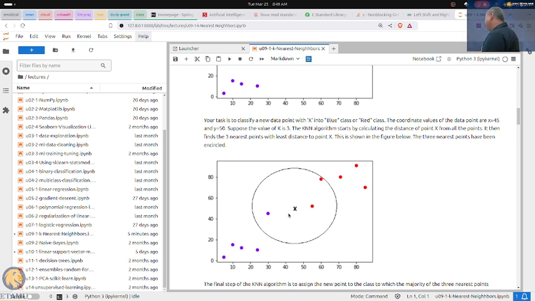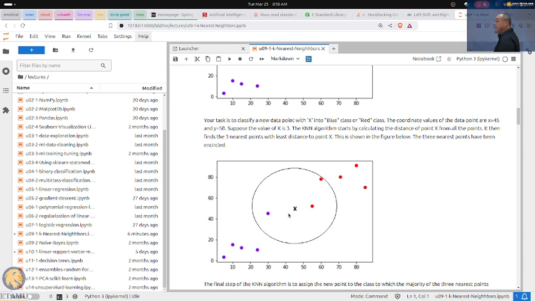For binary classification, we can do something pretty simple: a majority vote. If we're using an odd number of points, like k is 3, we're guaranteed that one or the other is going to have more. In this case, we had 2 reds, or 2 yeses, and only 1 no, so we would predict yes rather than no for a k of 3.